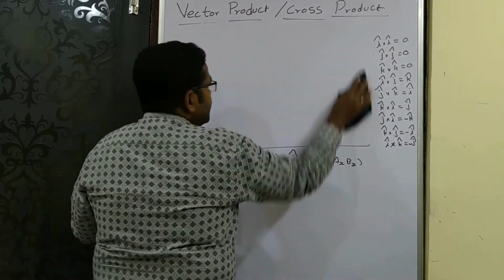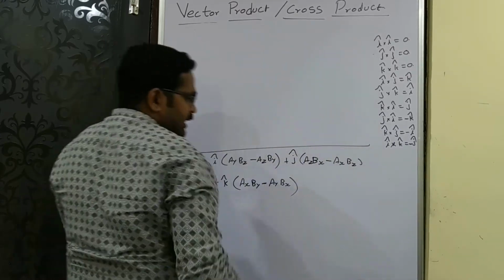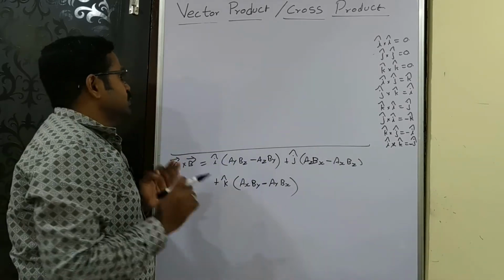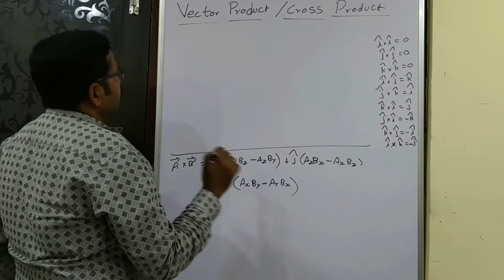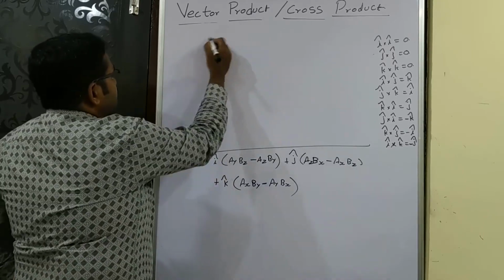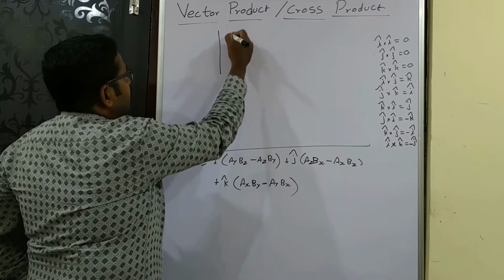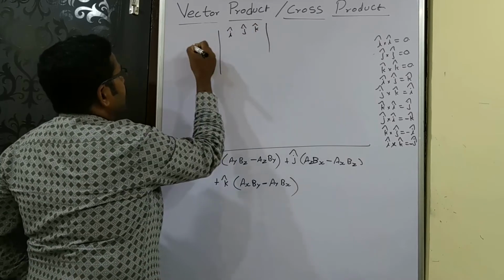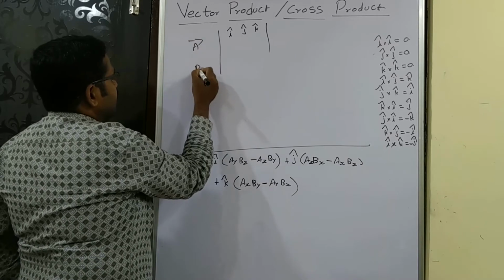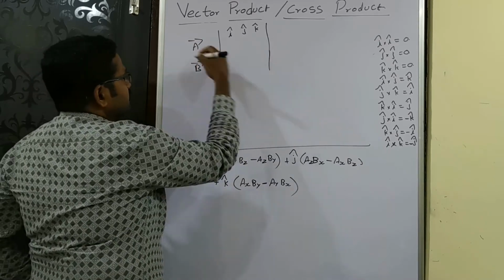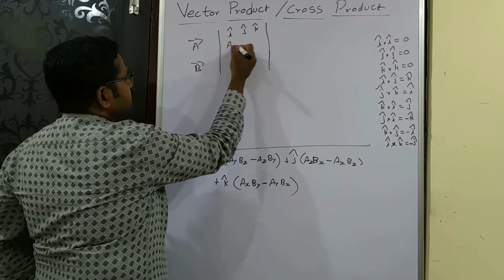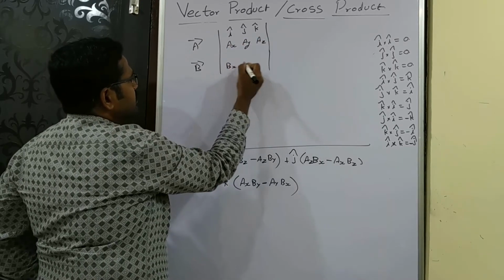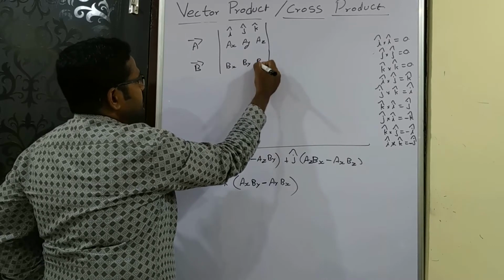One is the 3 by 3 matrix determinant. For any MPC student, maths stream student, he can follow this method. So if I write I cap, J cap, K cap here, and vector A's components and vector B's components, observe closely, this is Ax, Ay, Az, Bx, By, Bz.